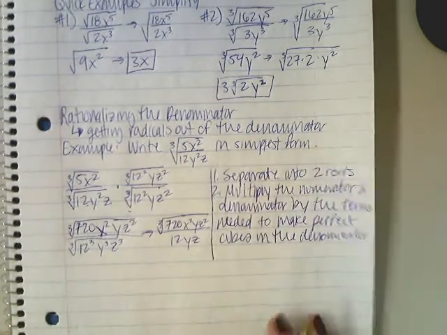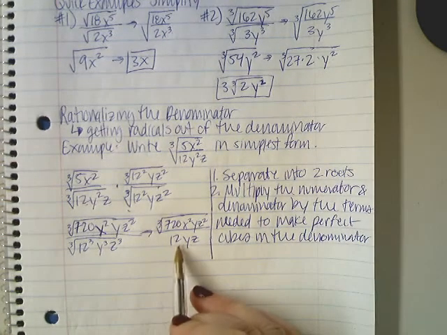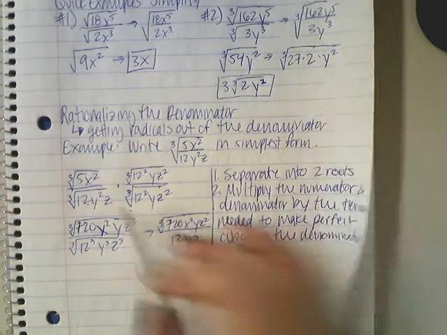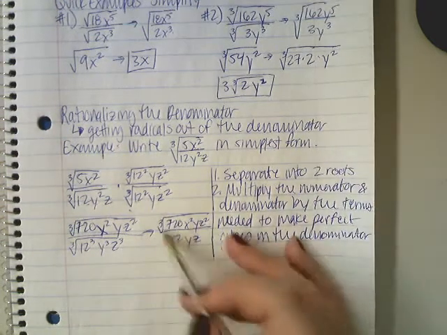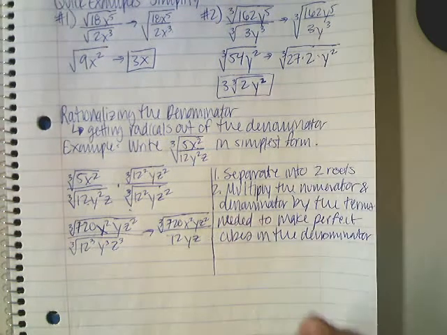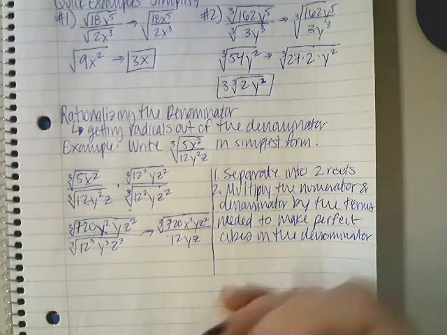So now I can take the cube root of each term. I've rationalized my denominator. The only problem is, because I didn't find the lowest possible number to multiply by 12 to get a perfect cube, I'm going to have to do some simplifying with my coefficients. So my denominator is rationalized, but it's not in its simplest form.